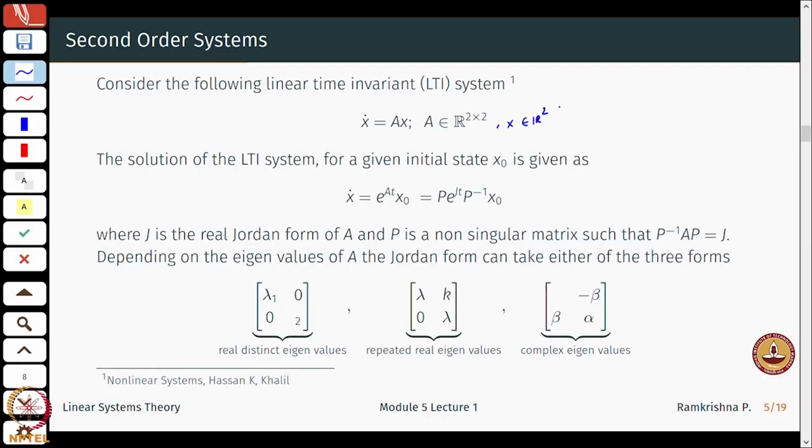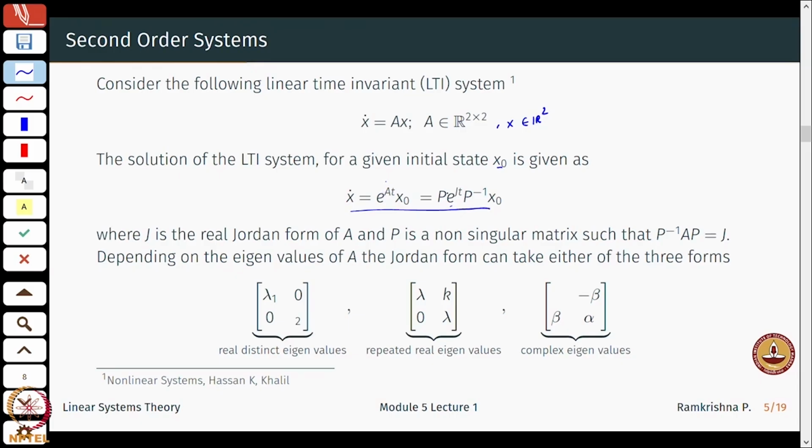For any given initial state x0, the solution will always take this form, and now we know how to compute e power At. We can also do it via its Jordan form and so on.